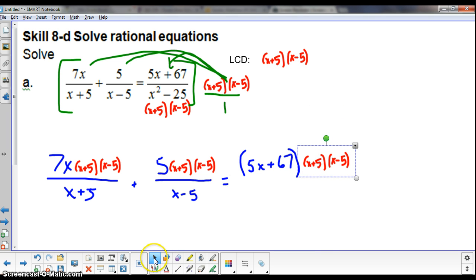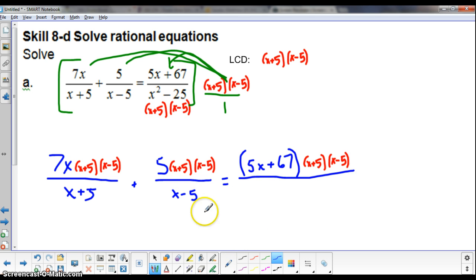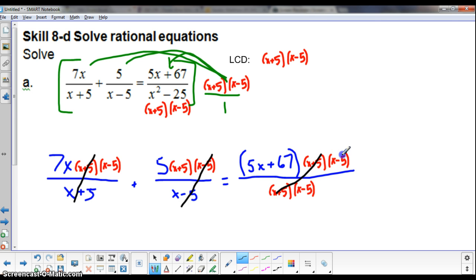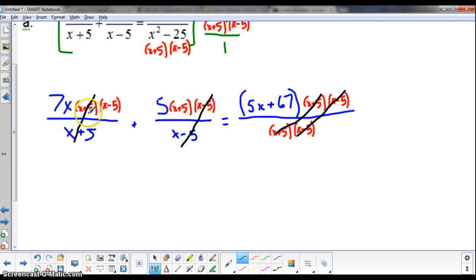But what's to remember about this one now is that our least common denominator is actually in the denominator, so everything's going to cancel here. So you get out your crossing out pen and you cross things out. Whatever is on top and on bottom, that's on top and on bottom. So what do we have left here?